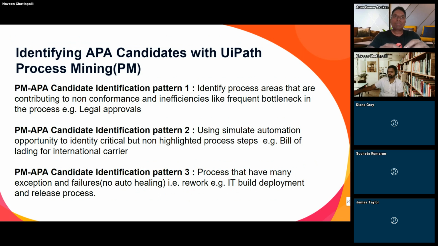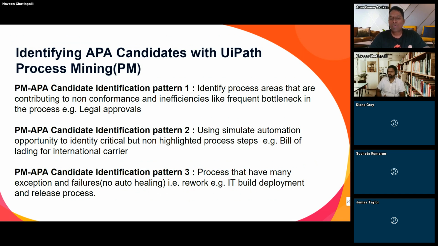Let's say you pick a process like a legal approval. Even if we try to remove these bottlenecks, it takes multiple iterations for the process to actually improve and complete the removal of the bottleneck. Usually the teams would do one or two iterations and then focus on some other area.